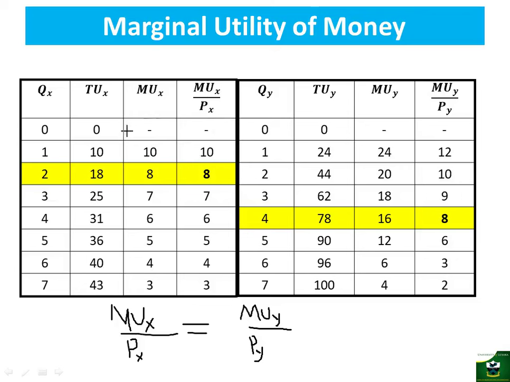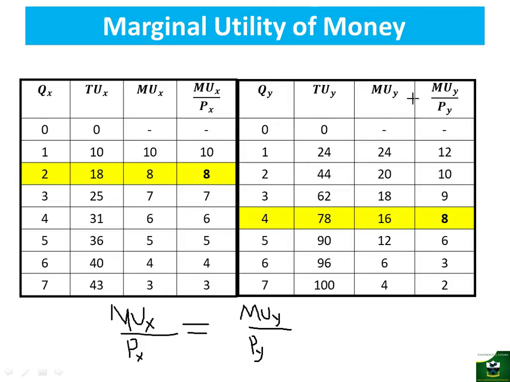At the 0 quantity, which is undefined, the ratio will be undefined. For the marginal utility level of 10 divided by the price of 1, we get 10. 8 divided by 1, we get 8. 7 divided by 1, we get 7, and so on until we reach the end, where we divide the marginal utility of 3 by 1 to get 3.